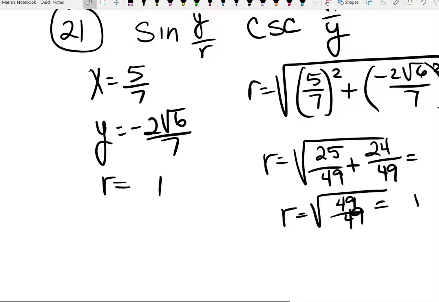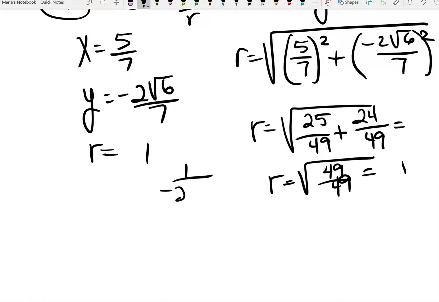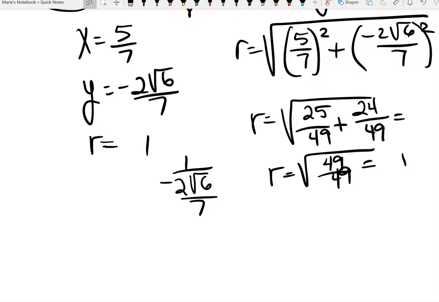Again, since sine is y over r, this is r over y. Something is bugging me here, but let's see. So this will be 1 over negative 2 square root of 6 divided by 7. All right, we need to rationalize if we first keep, change, flip. Let's do that first, because remember this is the numerator up here, divided by this.